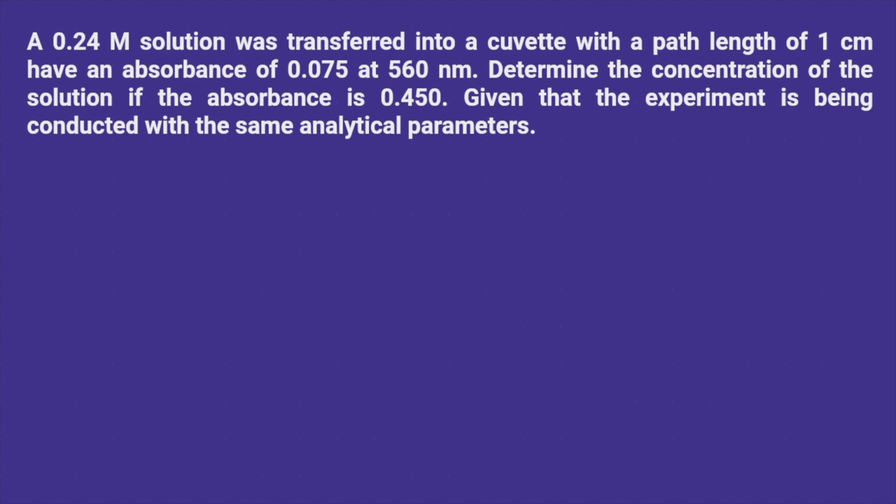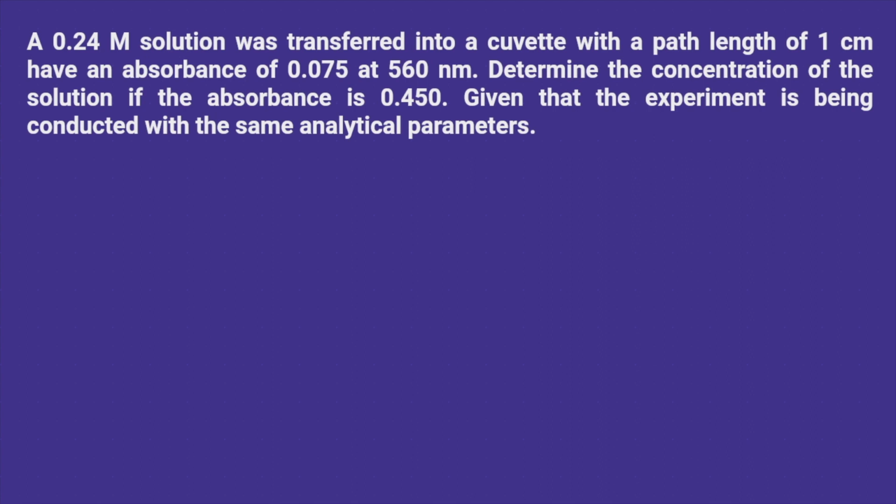A 0.24 molar solution was transferred into a cuvette with a path length of 1 cm with an absorbance of 0.075 at 560 nanometer. Determine the concentration of solution if the absorbance is 0.450, given the experiment is being conducted with the same analytical parameters.